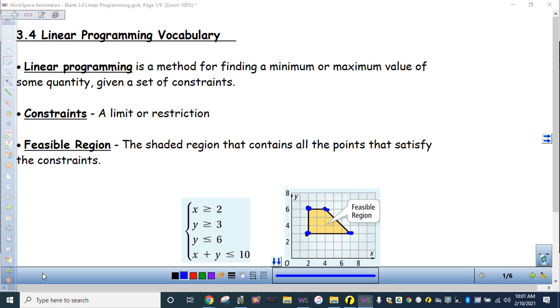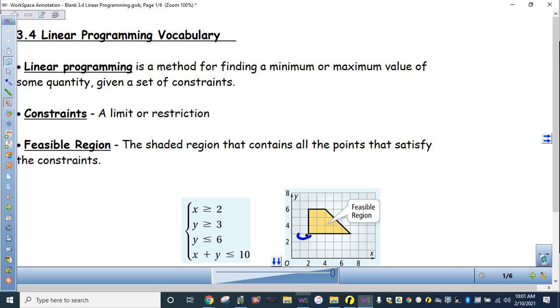Okay, the feasible region is the shaded part, right? It's determined by your constraint equations, and every little dot within the feasible region is a potential answer. The dots along the line can be potential answers as well. But what we'll really do is just plug in these corners. So if we're trying to maximize, let me erase this.